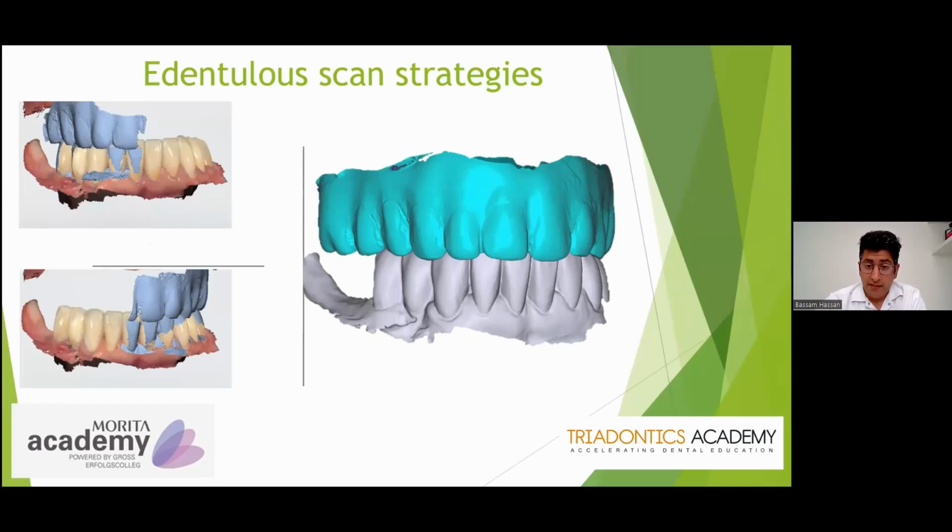Like I said, the first issue we had, could we actually register the correct bite of the patient? And like I said, this is very much certain nowadays that you can register the bite, static bite, with intraoral scans very, very, very well.